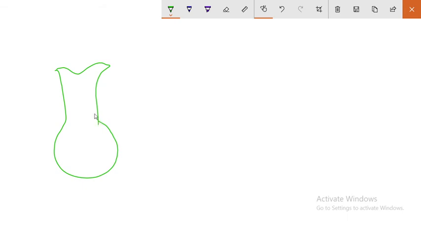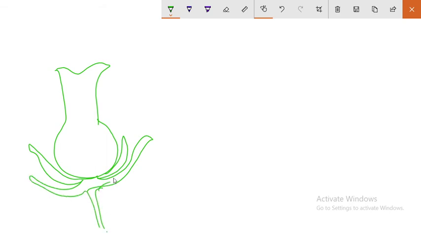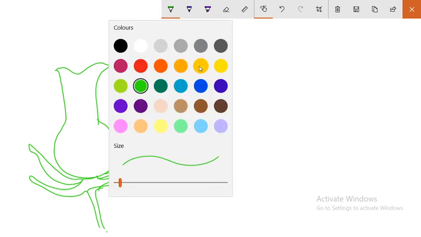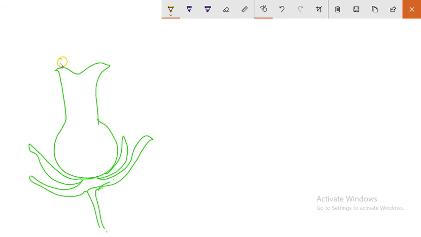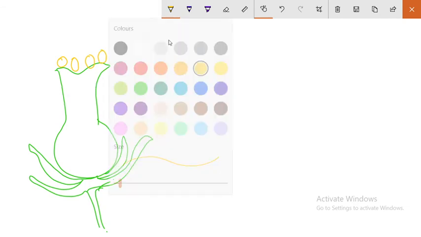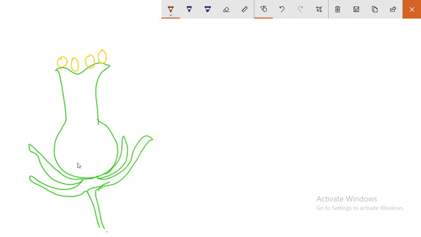Suppose it is the gynoecium. Inside, on the stigma, there are pollen grains situated on it, and the ovules we will denote by the red color.